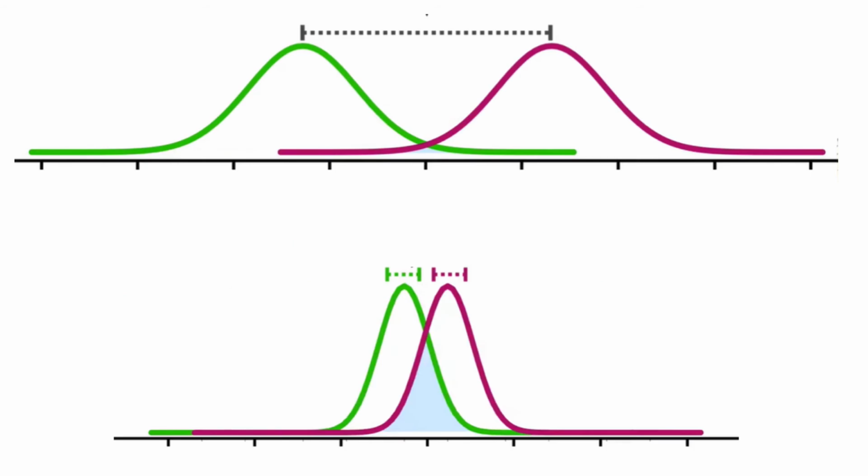So if there is a large difference between the means, look here, for example, this is the mean for drug B, this is the mean for drug A. There is a big difference, so there is little chance that there is no difference between them. And that means that the effect size is large. At the same time, if there are smaller standard deviations, as you see here, so they're narrower, this also constricts the area of overlap between them.